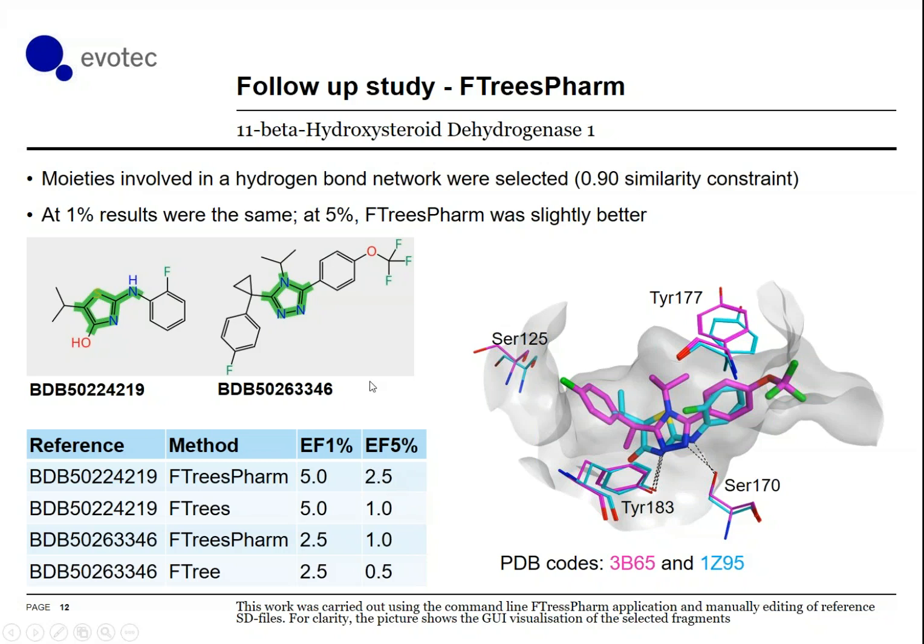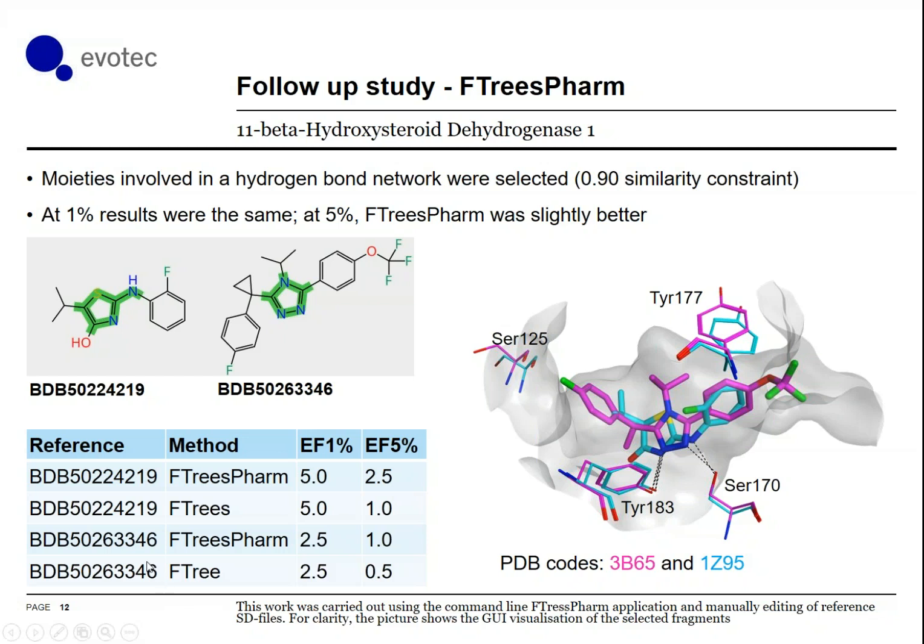So it tends to have a higher enrichment at 5%, while this drop that I have obtained with FTrees, 1 at 5%, is probably also indicative of the low area under the curve that I have had for this specific case. If you remember, in all these cases I had an area under the curve that was below 0.5. So this means that even if there is a high enrichment at, I would say, an early stage of the ranked database, at some point it must drop. In this case, it happened already at 5%, but this was prevented by including this pharmacophoric constraint with FTrees-FS.